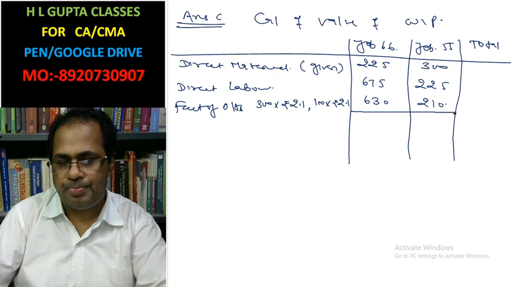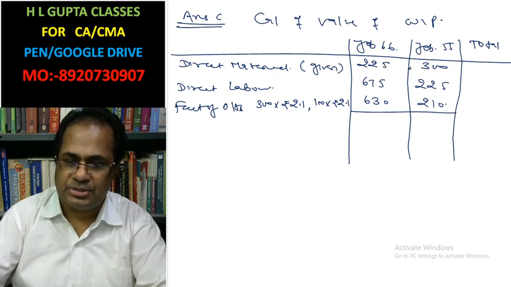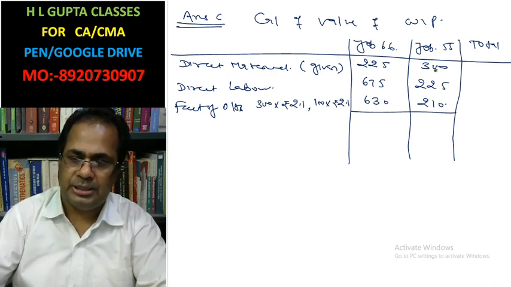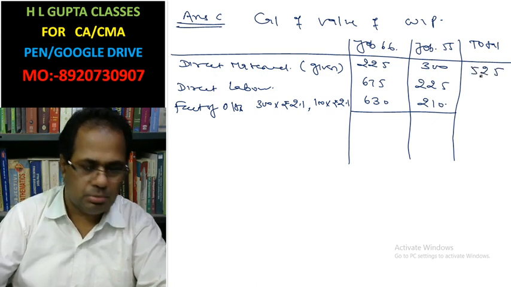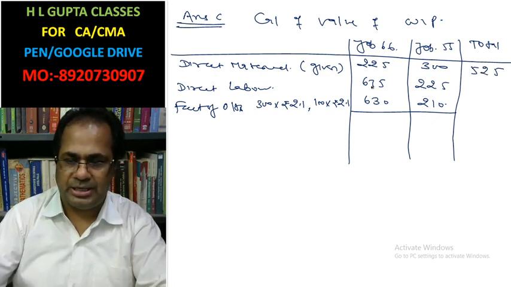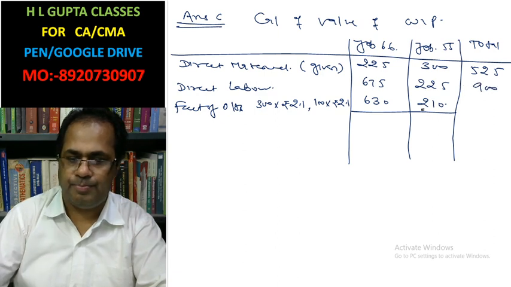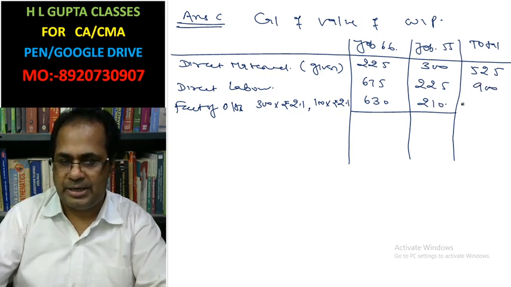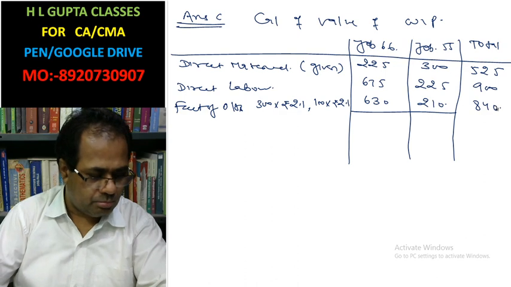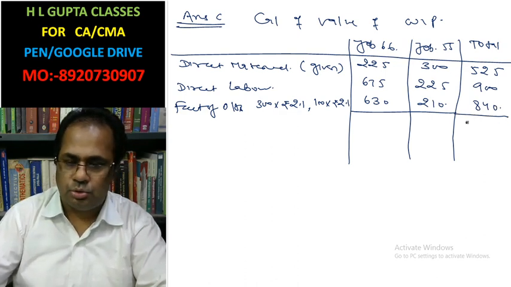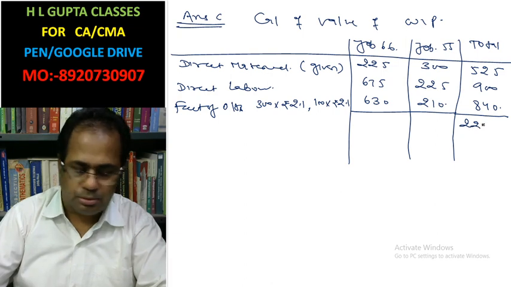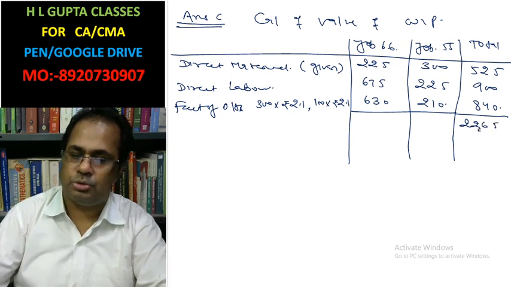Now after adding all these, this is 525, this is 900, this is 840. In total we have the value of closing work in progress.